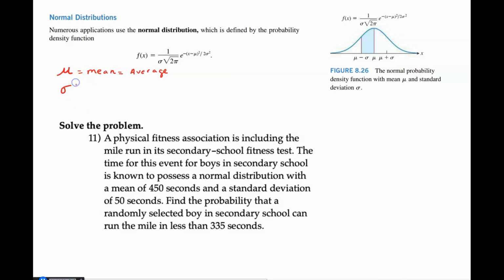So I won't talk about that because we're really going to be talking about sigma, the standard deviation. So this represents a measure of how far away a particular number is from the average value, from the mean value.